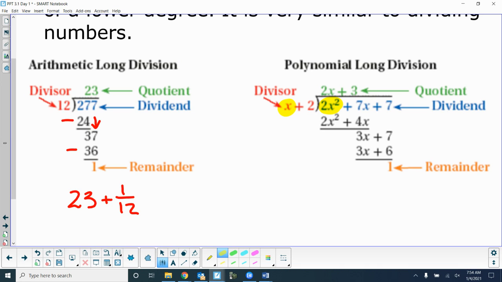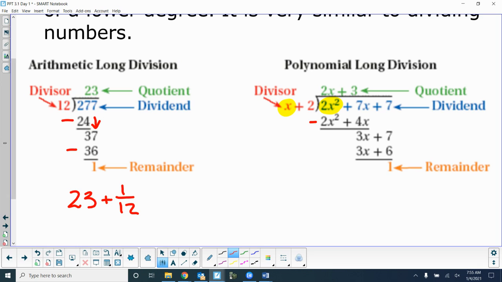Now what did I do after I multiplied 2 times 12 and got to 24? I subtracted, right? Well, that's what I'm going to do over here. I'm going to subtract. What's always going to happen to this first term?